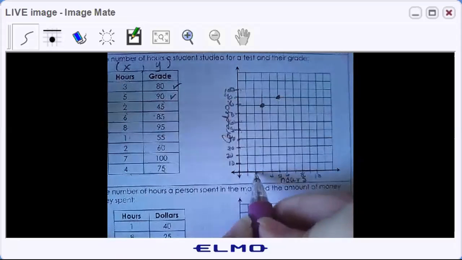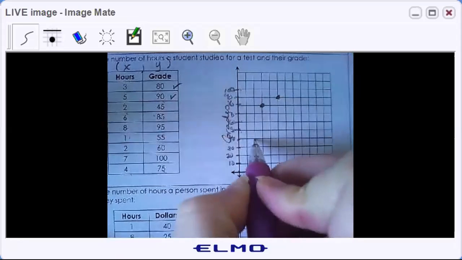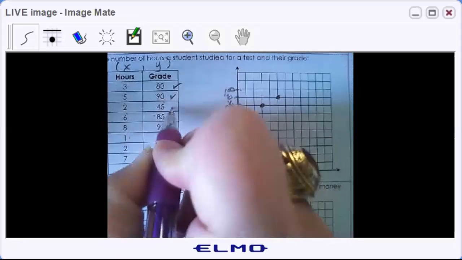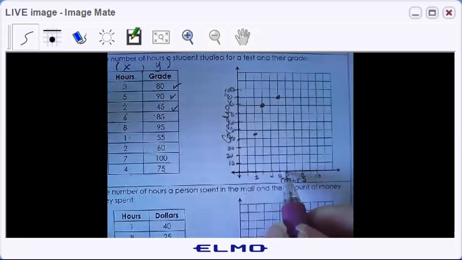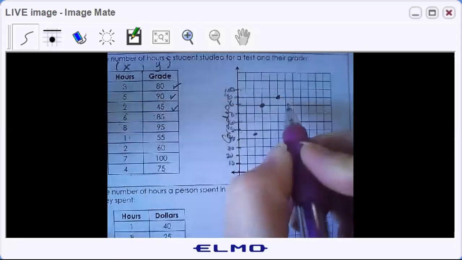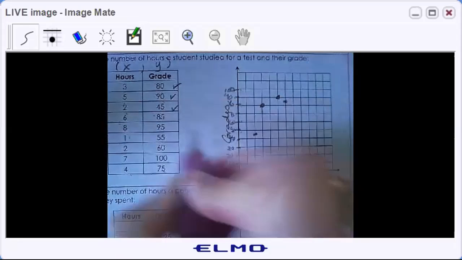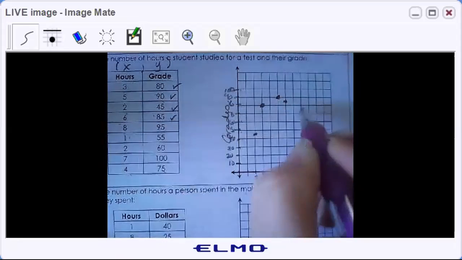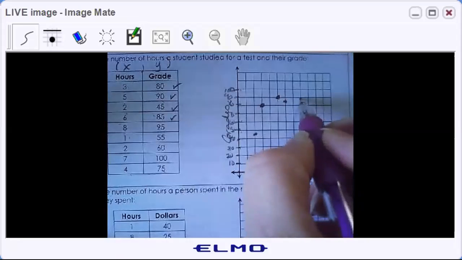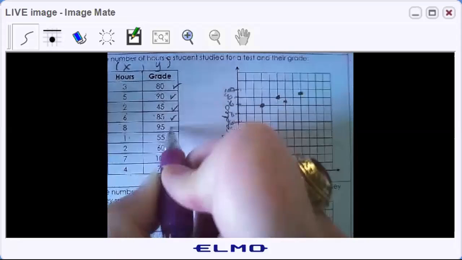So that's 2 and 40, and then halfway would be 45. 6 and 85. So that's not a bad return on their investment. 8 and 95, somebody spent a whole lot of time studying and it paid off for them.